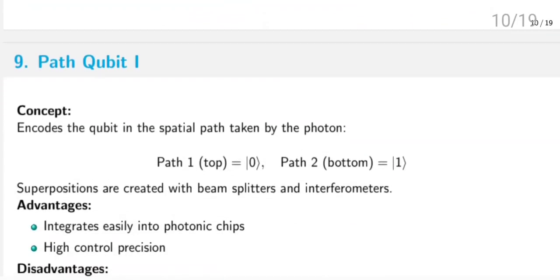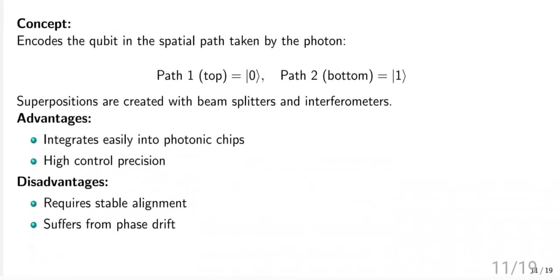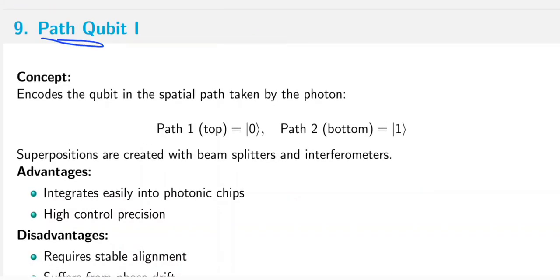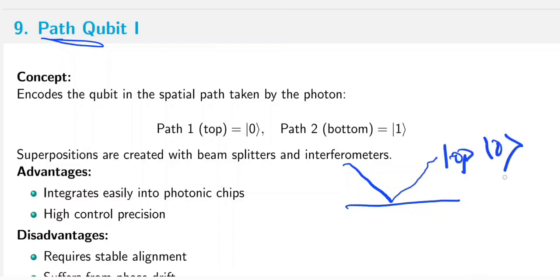Moving on to the next qubit, the path qubit. Again we'll have a beam splitter and we will be sending photons. If the photon hits the beam splitter and goes top, we mark it as Ket 0.